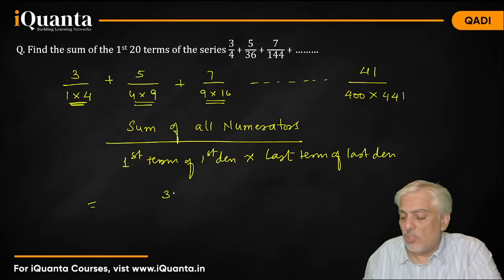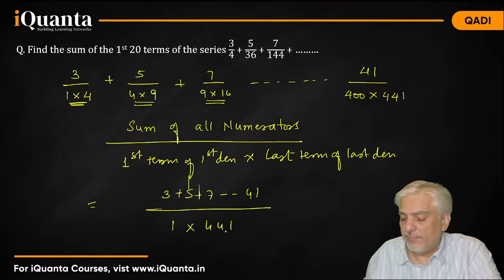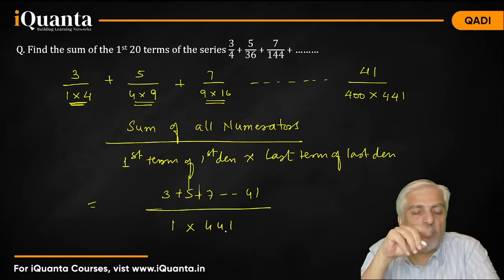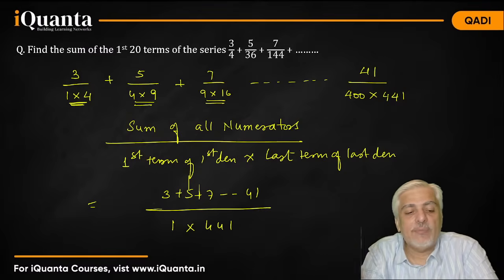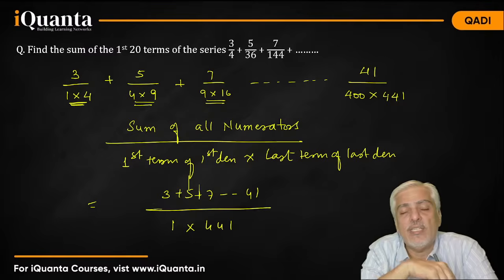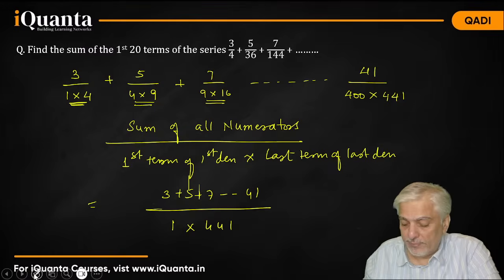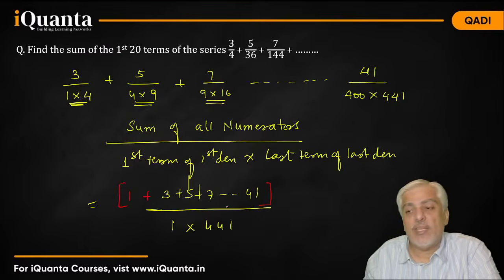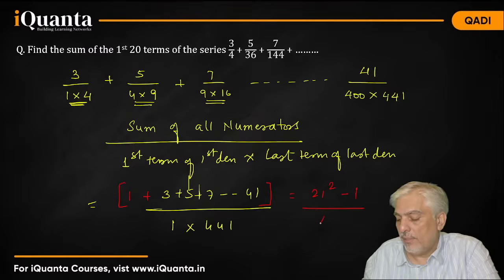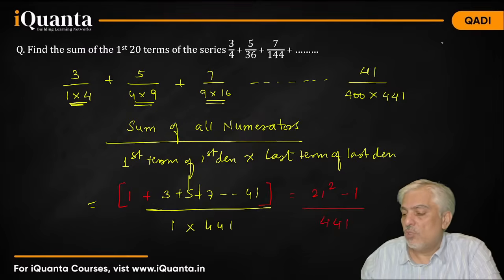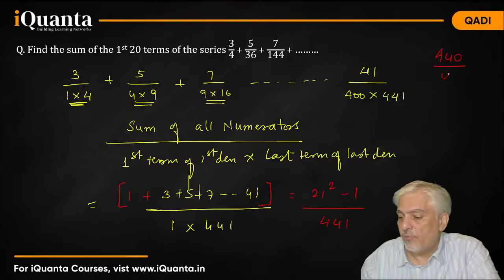So the numerator will become 3 plus 5 plus 7 up till 41, and upon 1 into 441. Now, if I do 1 plus 3 plus 5 up till 41, that will become 21 square. If there was a 1, this answer would have been 21 square. So now it will be 21 square minus 1 upon 441. So answer will become 440 upon 441.